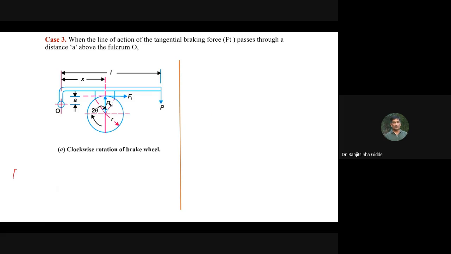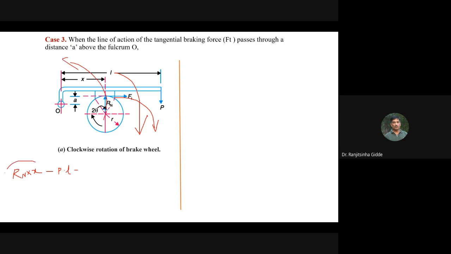Rn into x, minus P into L, downward; this one is upward.